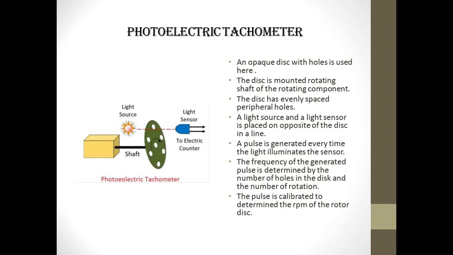When the opaque portion of the disc is between the light source and the light sensor, the latter is unilluminated and produces no output. But when a hole appears between the two, the light falls upon the sensor and produces an output pulse.